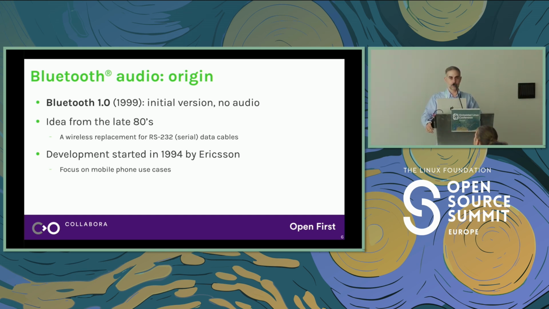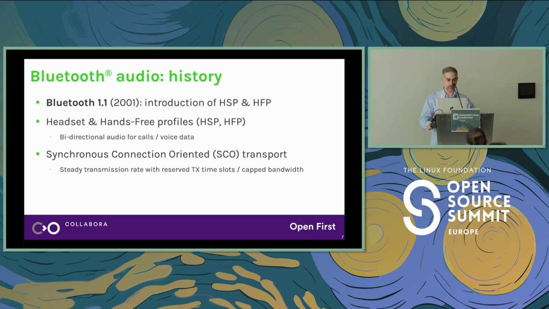Yeah, it started being developed by Ericsson, which was a mobile phone company. So they focused a lot on the mobile phone use cases. And the first release was in 1999. And it had no audio in that release, even though audio was being worked on, it was planned. But the first version was make the basics work.